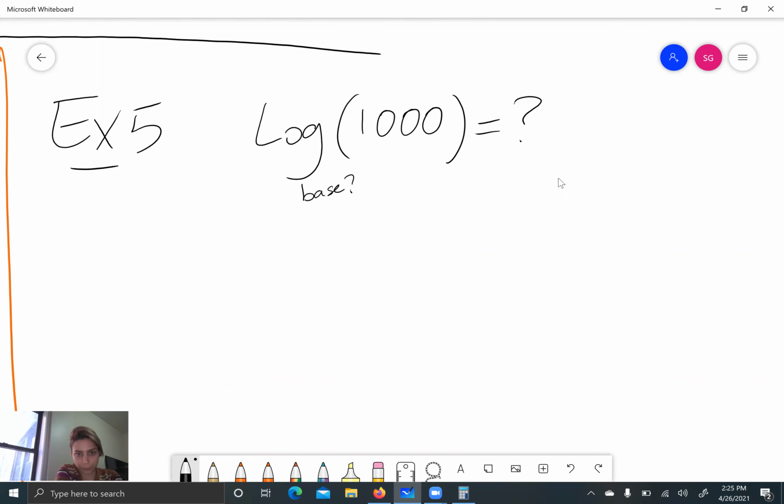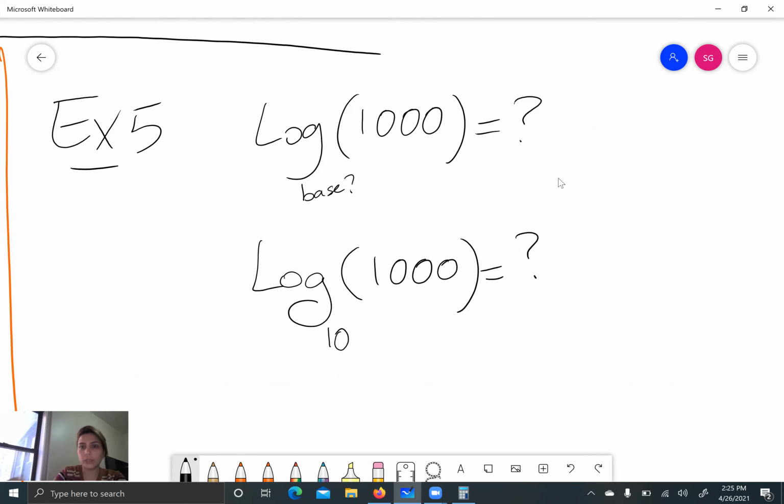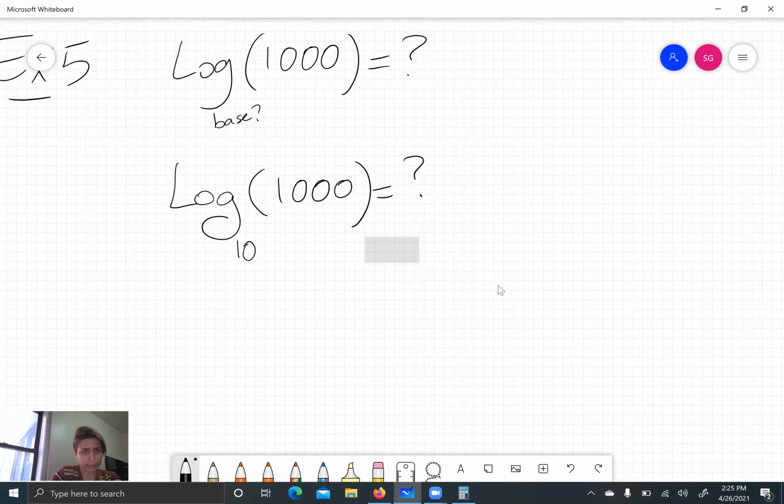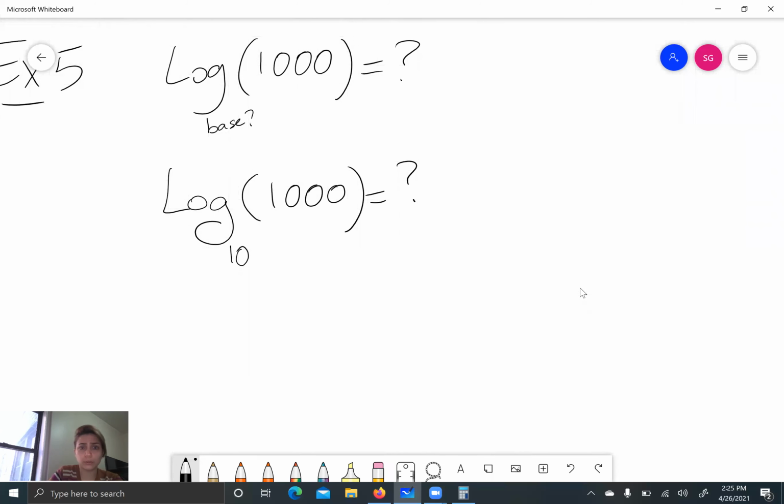Just for the beginning, I'm going to rewrite this and put 10 here to remind you that the base is 10. So now the question is, what is the logarithm of 1,000 to the base of 10?